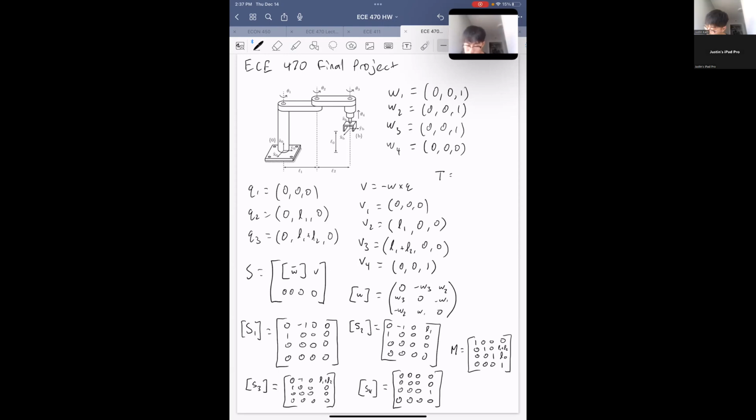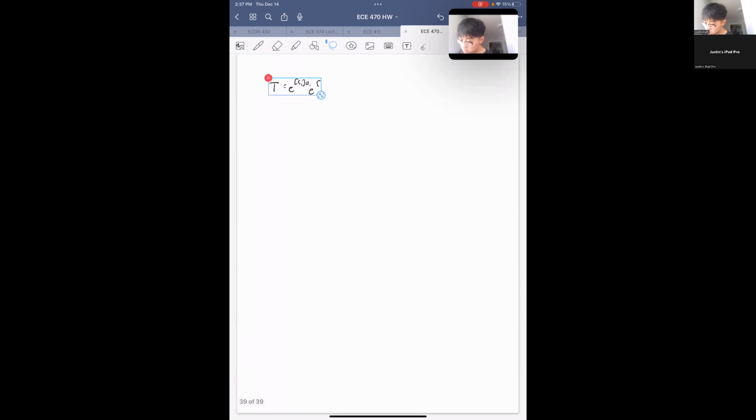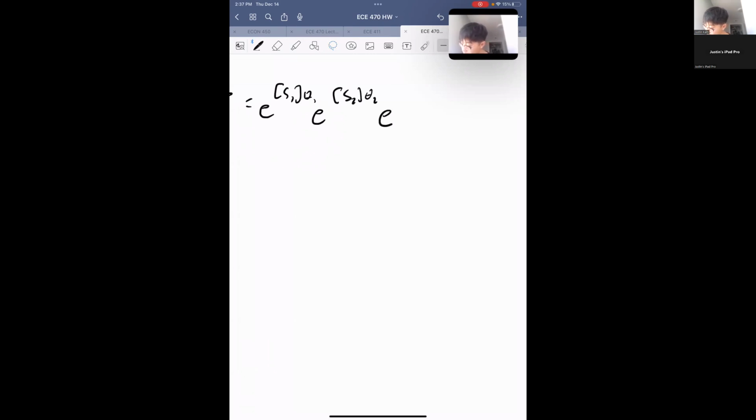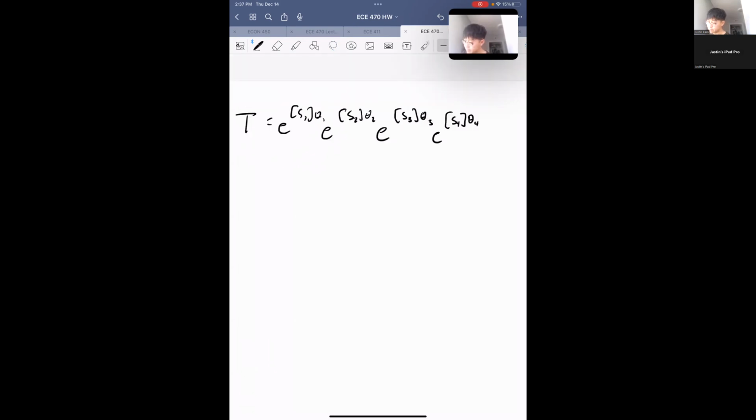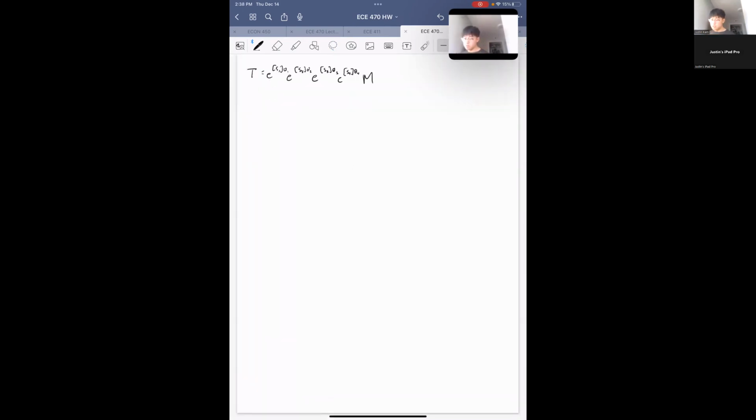T is equal to e^(S1 theta 1) times e^(S2 theta 2) times e^(S3 theta 3) times e^(S4 theta 4), and then times M. So this value will give us the final end effector position.